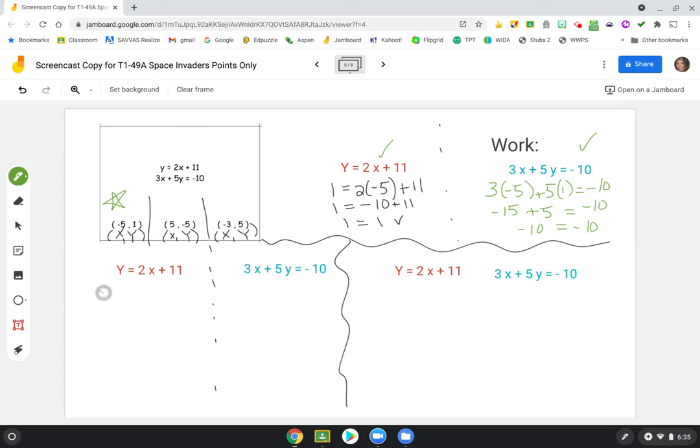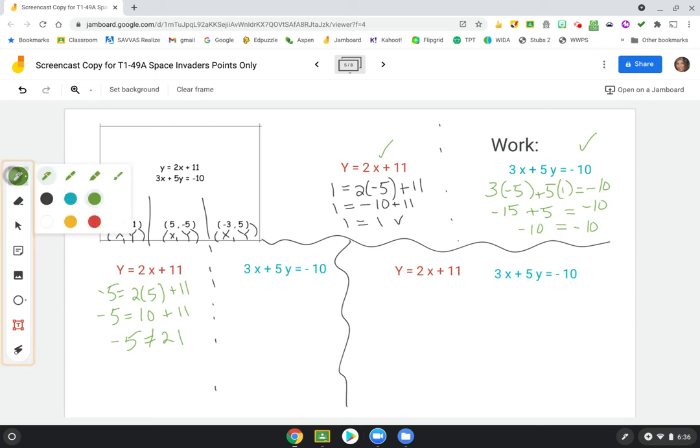So here, negative 5 equals 2 times 5 plus 11. 2 times 5 is 10, and 10 plus 11 is 21, which is not equal to negative 5.